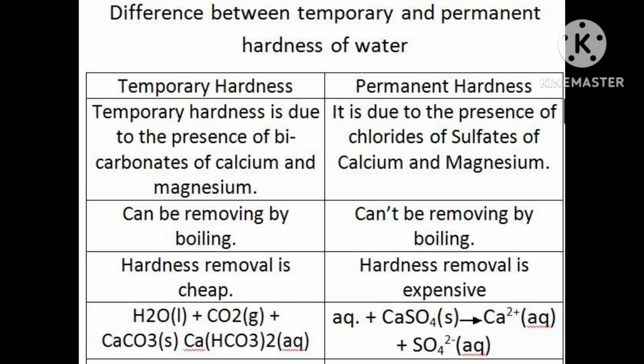Sodium or potassium does not count toward hardness. Hardness is due to calcium and magnesium mainly. Now I have discussed the hardness of water and how to calculate it. Now I am stopping. Okay, thank you.